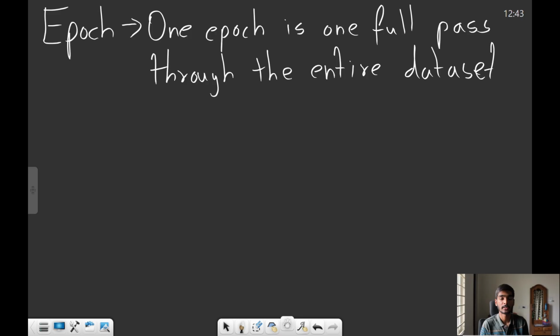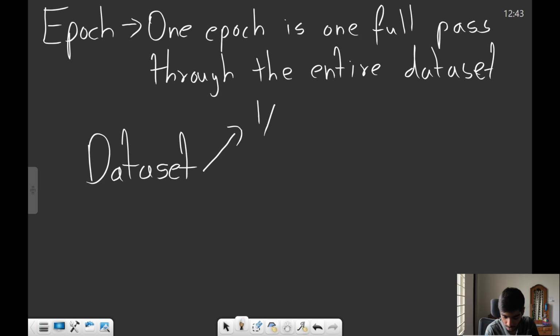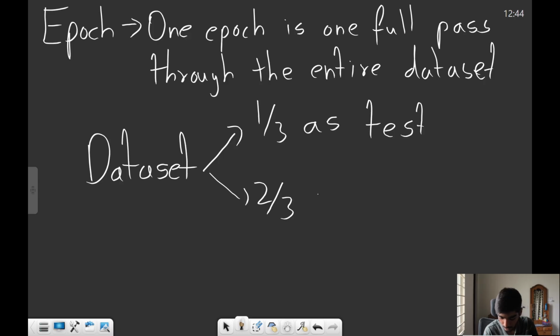And I forgot to mention the train and test split of data. I'll tell you that now. So let's say we have a huge dataset. We split 1/3 of the data as the test set and 2/3 of it as the train set.